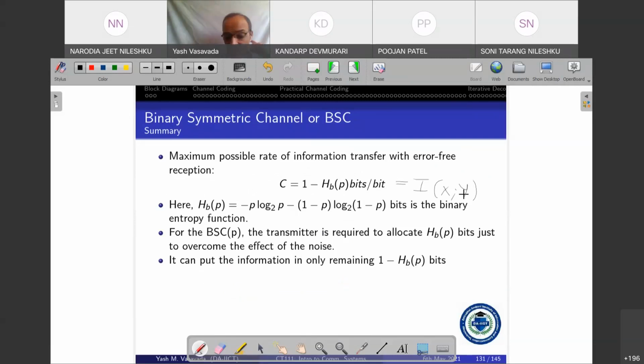When we answered question number 2 earlier, the information transfer function was exactly this, 1 minus HB of P. So this gives you an outline of how well these channel coding schemes can perform. The rate of a channel coding scheme cannot become greater than this.